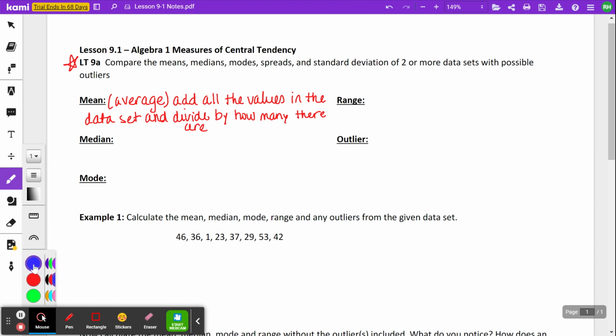Okay, the range is going to be the spread of the data.